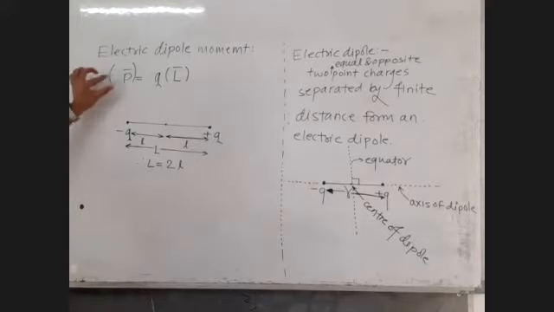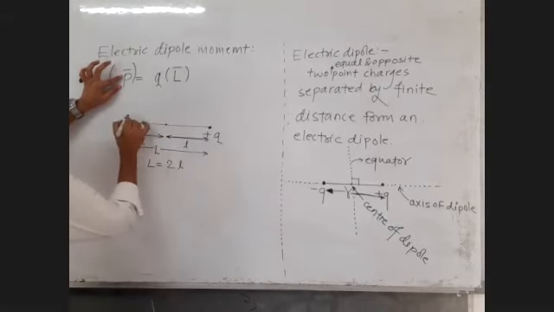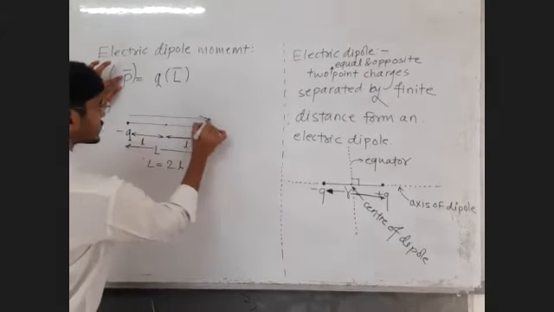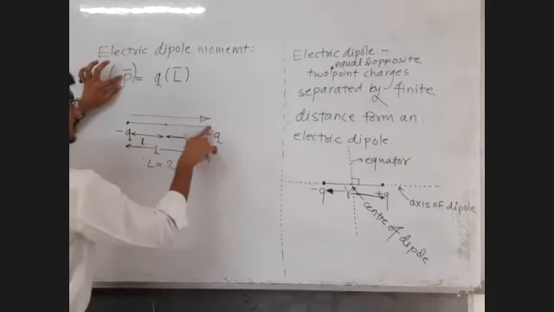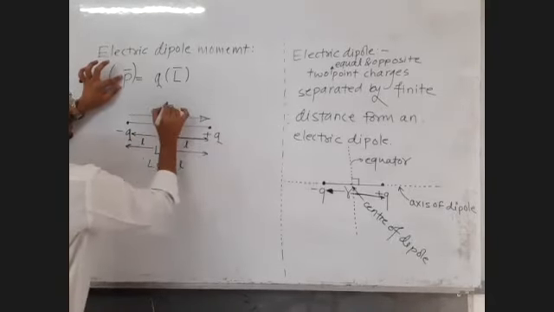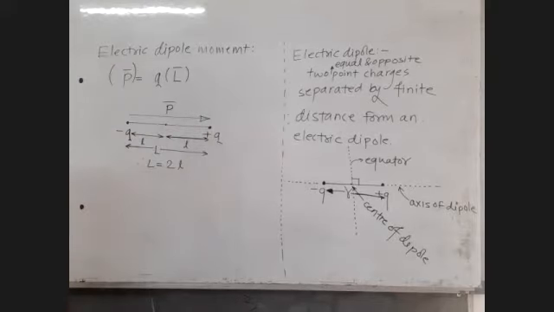So the electric dipole moment has direction from negative to positive. Represent it as a vector pointing from negative to positive, and its symbol is P. It is a vector, so add one bar over it. Up to this, reply me in the chat box, clear and written.